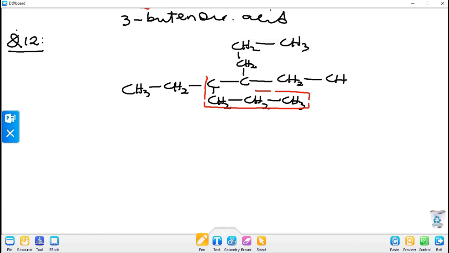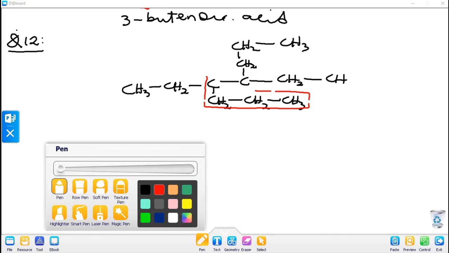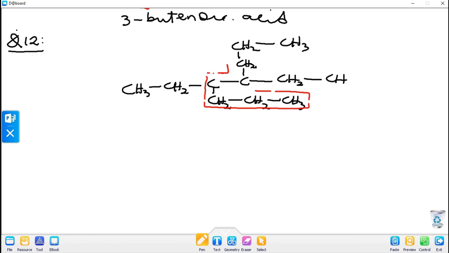So let's say we choose our chain to go this way. If we choose our chain to go this way, we can see now we're having 1, 2, 3, 4, 5, 6, 7, 8.